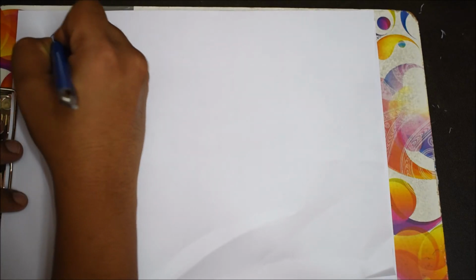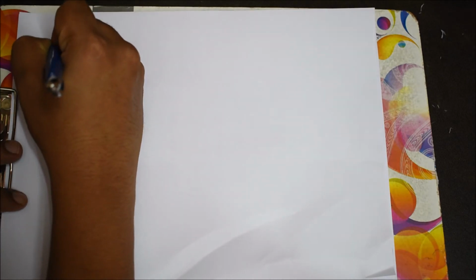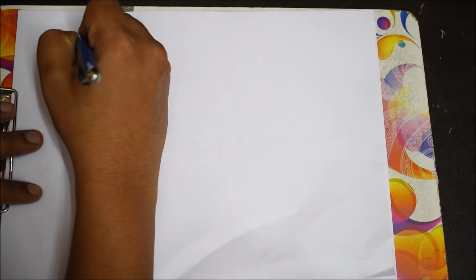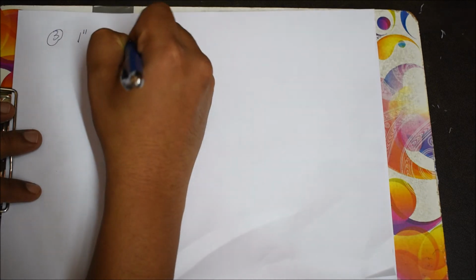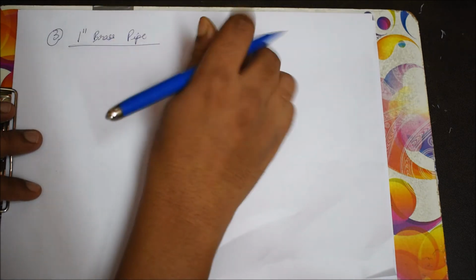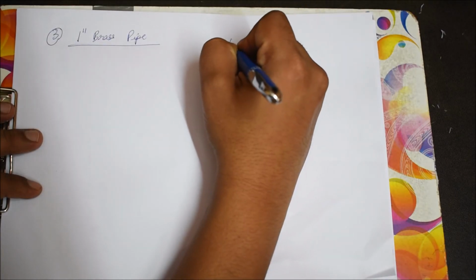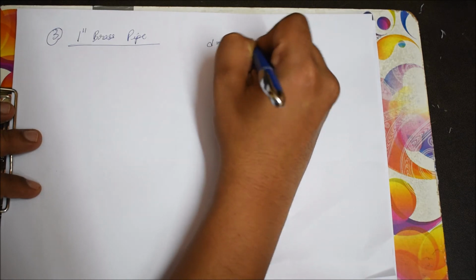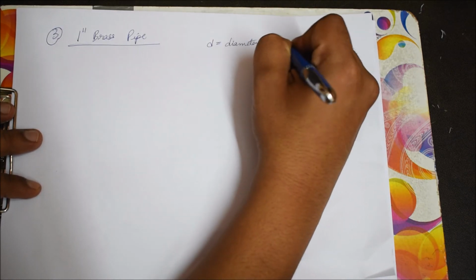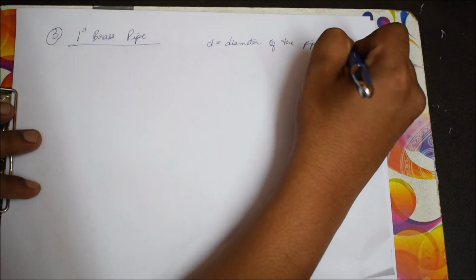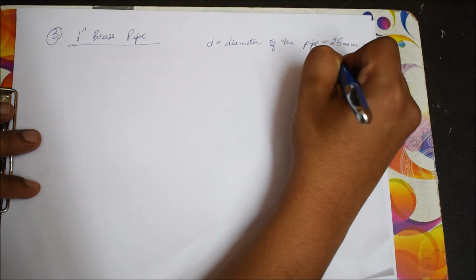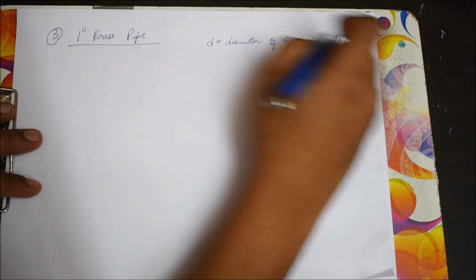Let's move on to the third pipe that we are considering in our observations, that is the 1 inch brass pipe. We are aware that the diameter of this pipe is 26 mm, that is 0.026 meters.